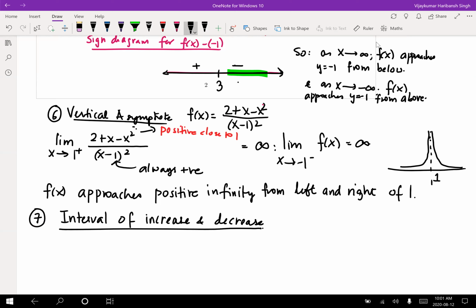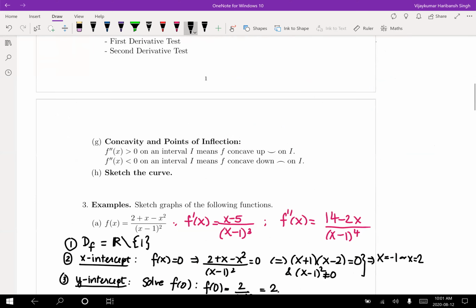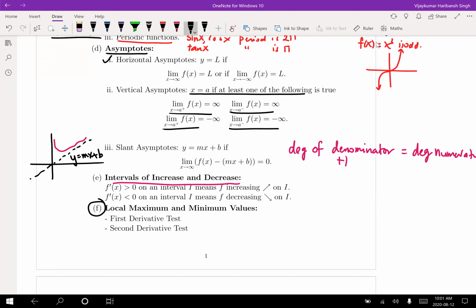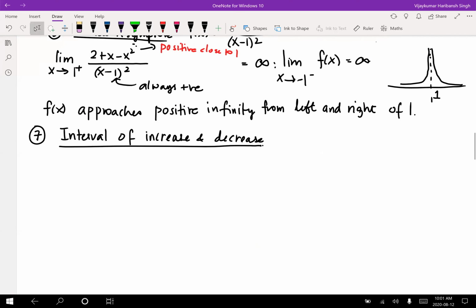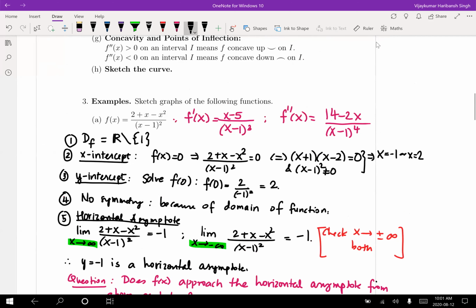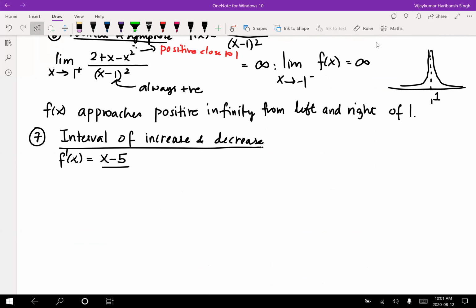For that, we need to find the critical numbers. So intervals of increase and decrease and local maximum and local minimum, all of that can be taken care of by looking at the first derivative. So f prime x equals x minus 5 upon x minus 1 cubed.